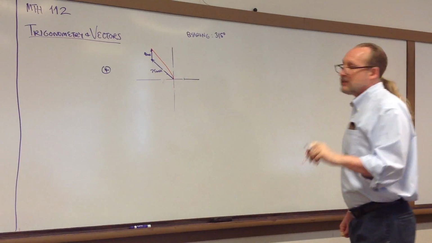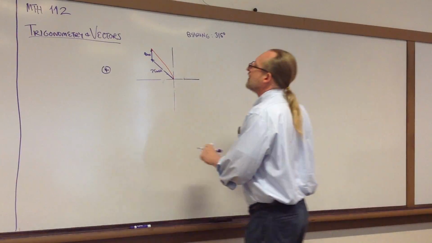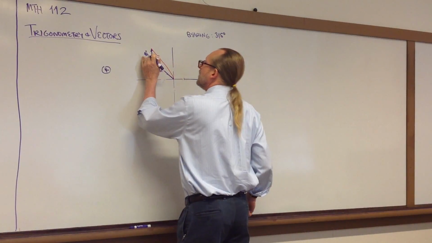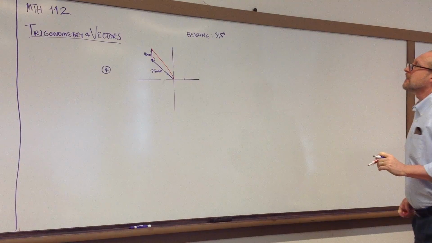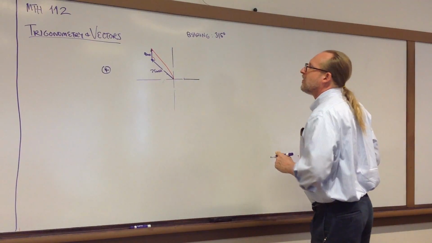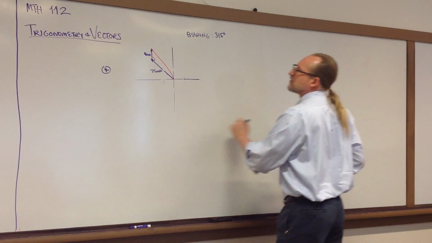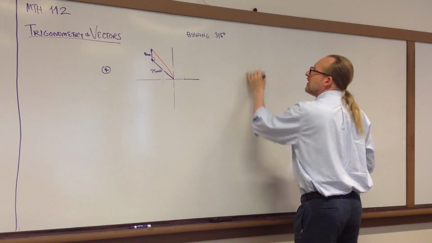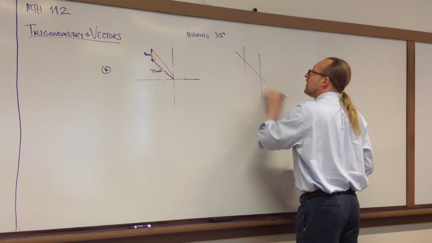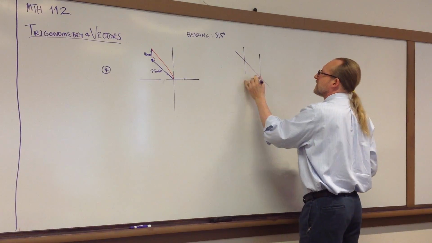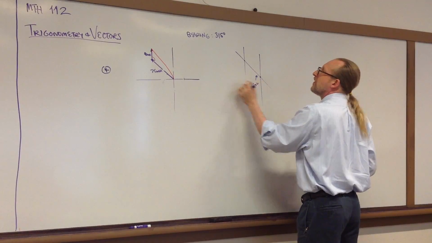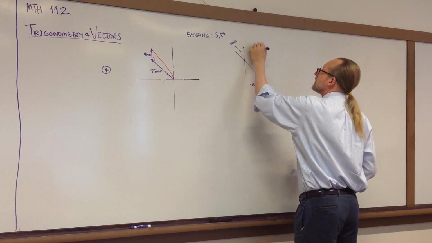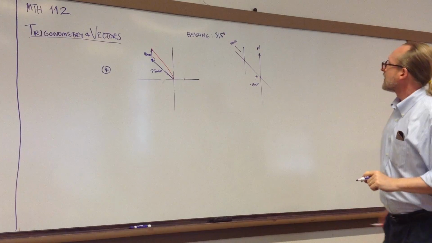Okay, so now this one, it's a little bit trickier to find the angle. I mean, mainly what we're looking for is we need to find this angle in here. Okay, so let's see kind of what that looks like. So this blowing south to north is parallel to this line right here. So here's the airplane's vector that represents 75 miles per hour, and here's the wind vector that represents 40 miles per hour. Okay, there's the north-south situation.